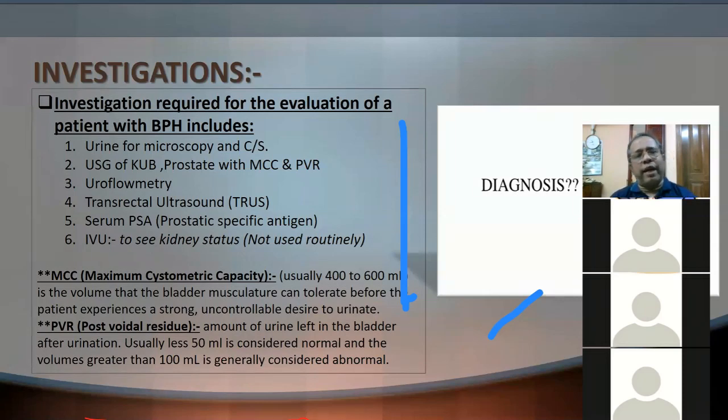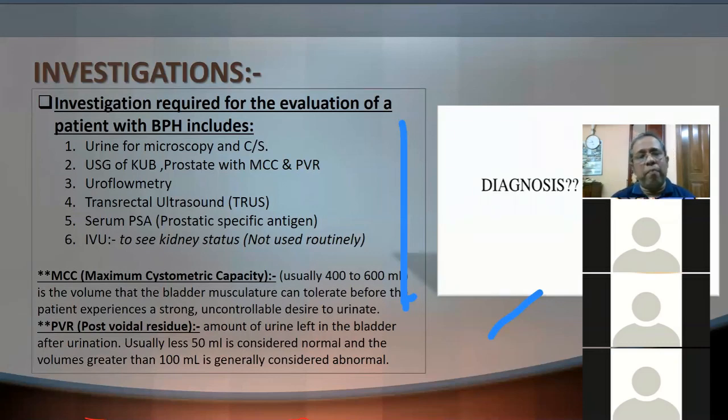Then the probe is in direct contact with the anterior wall of the rectum and the prostate, and in the image on the computer we can see directly the homogeneity of the prostate, its length, breadth, and the anteroposterior diameter, which can easily be measured. It is more authentic to assess prostatic enlargement by transrectal ultrasonography.